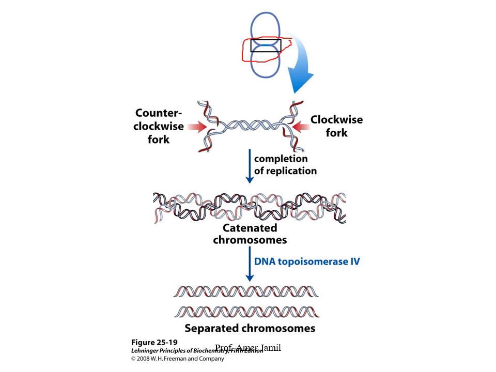These are two new strands, and counterclockwise and clockwise they are intertwined with each other. So this is called a catenated chromosome. DNA topoisomerase 4 enzyme is required to release these two chromosomes separately, which can go into the daughter cells.